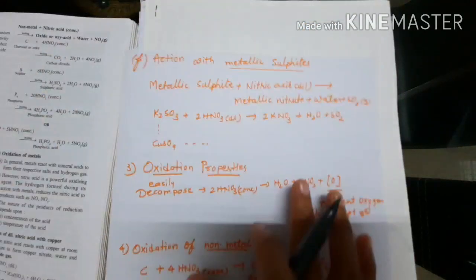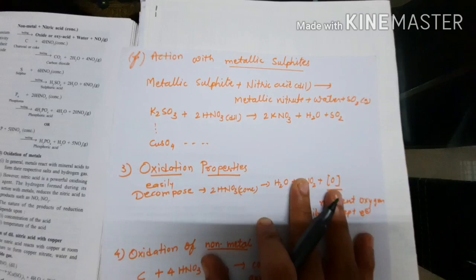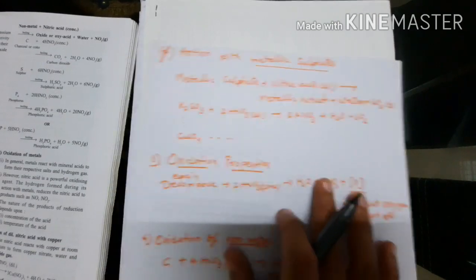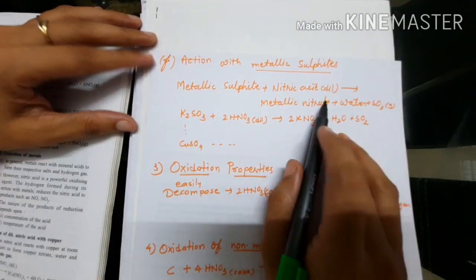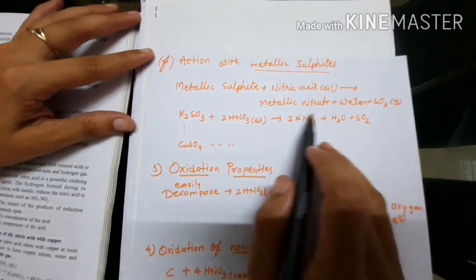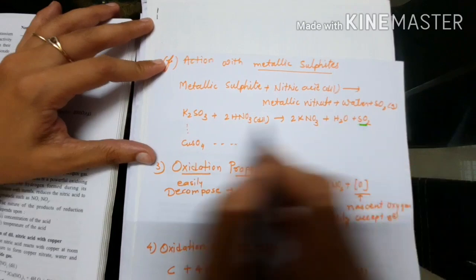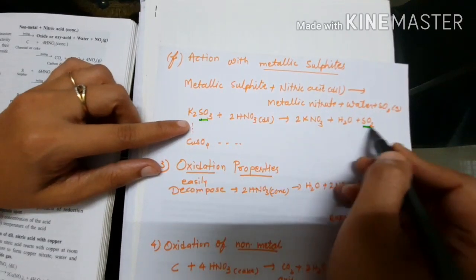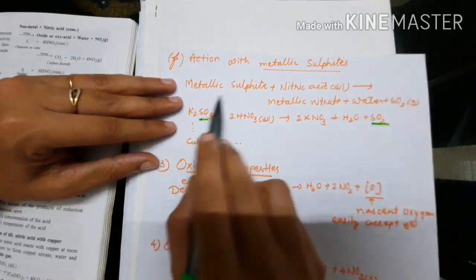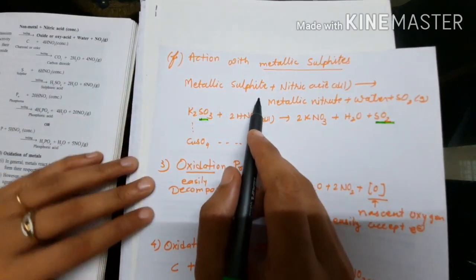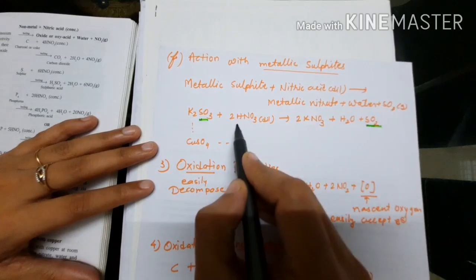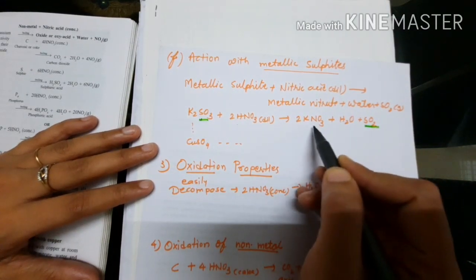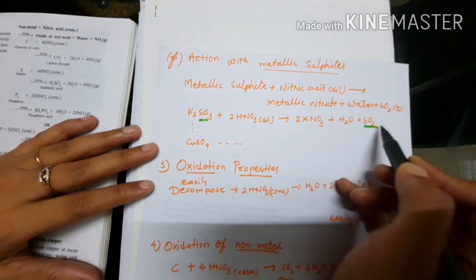Now the next one is the action with the metallic sulfide, SO3. When metallic sulfide reacts with diluted nitric acid, it converts into metallic nitrate plus water plus SO2. Here instead of CO3 we have SO3, so SO3 converts into SO2. So the metallic sulfide, when it reacts with HNO3, converts into KNO3, potassium nitrate, and water and SO2.